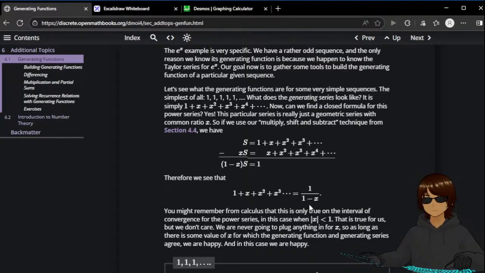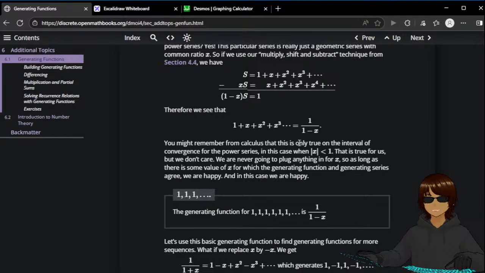Minus 1? It would make sense if x is less than 1 because it converges, but this sequence diverges, right? So it doesn't make sense.